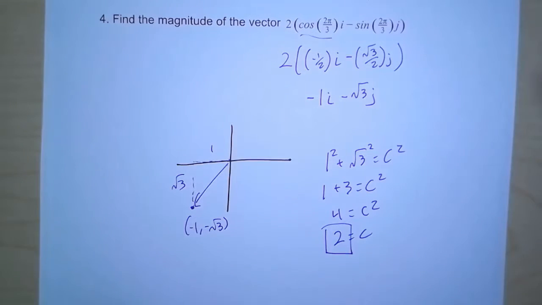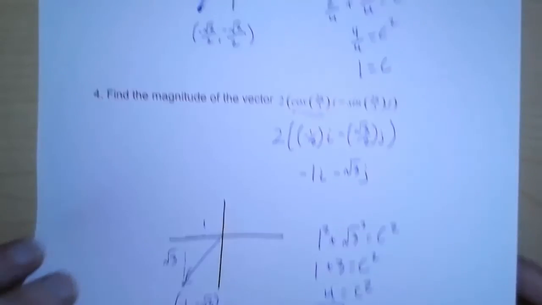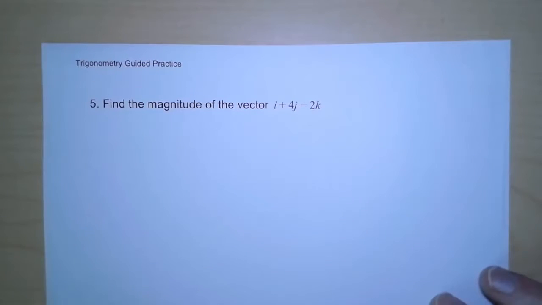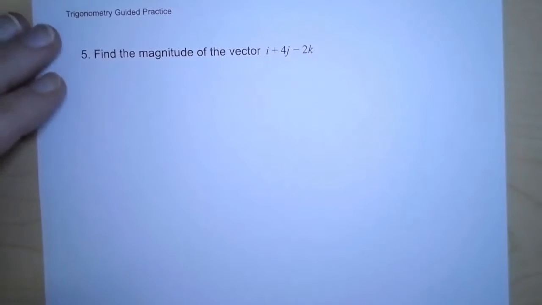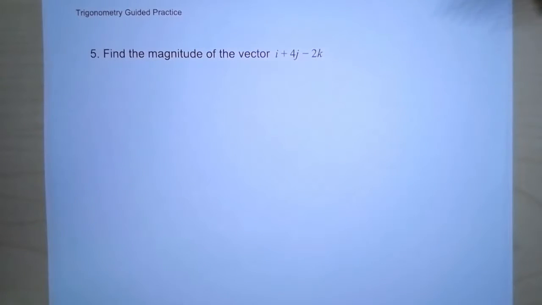Now, in all of these, we had 2 components, and we applied the Pythagorean theorem. Now, for this last example, our vector has 3 components. It's a little harder to draw in 3 dimensions on this piece of paper, but everything we've done up till now has been using the Pythagorean theorem, which means this will as well.